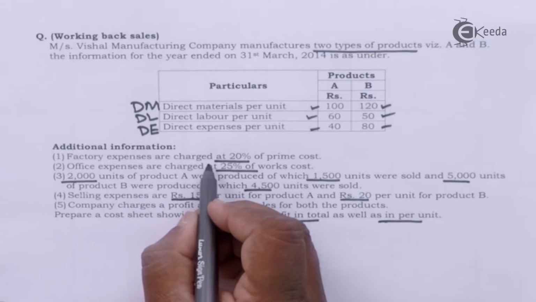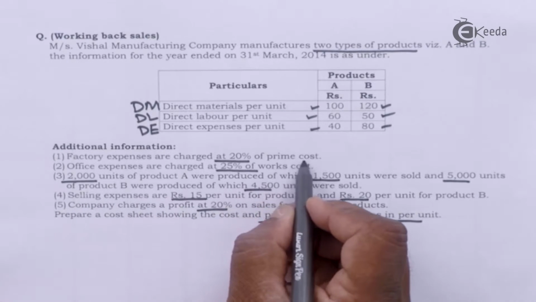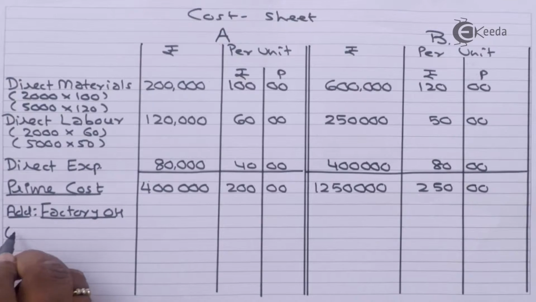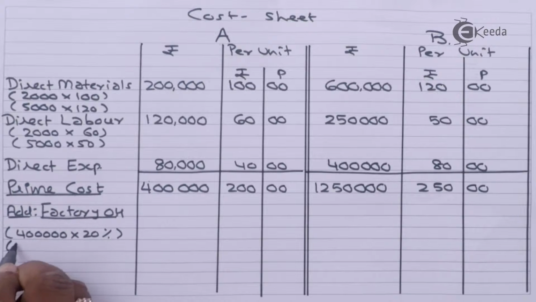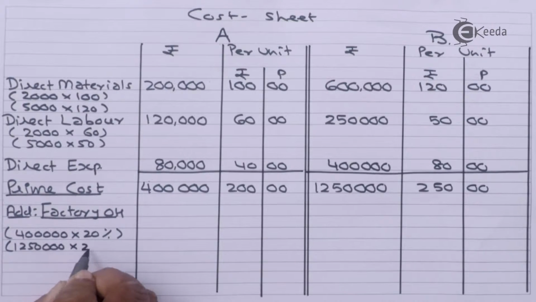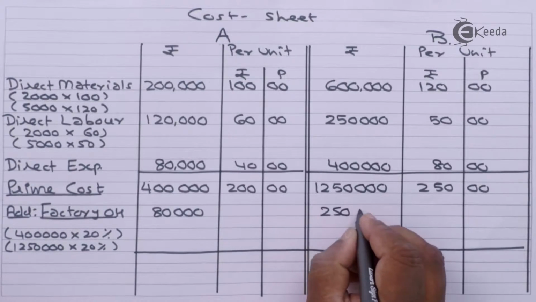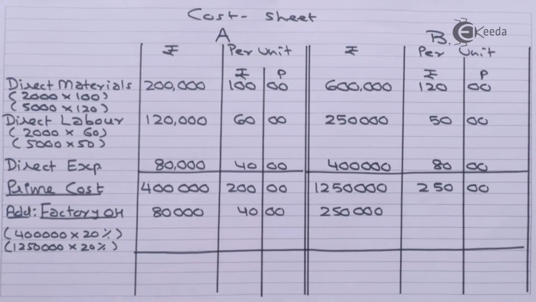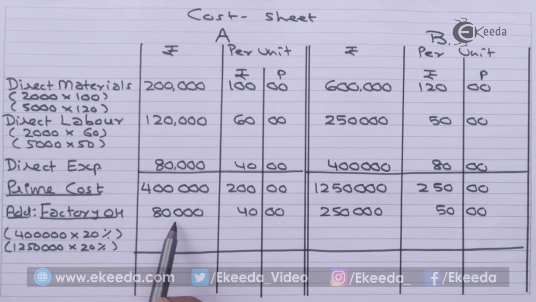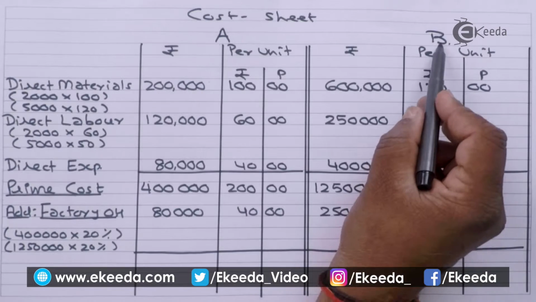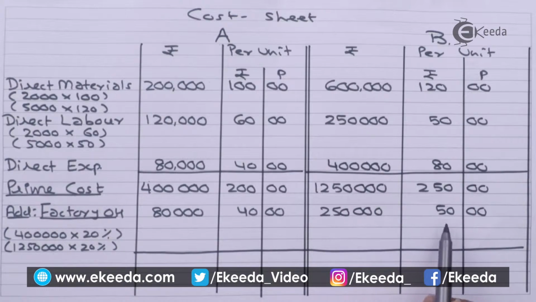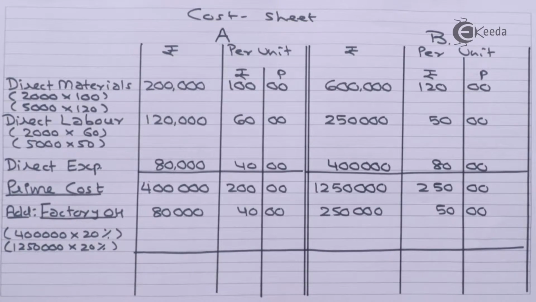Factory expenses are charged at 20% of prime cost. Factory overheads, 20% of prime cost. In case of product A, it will be 80,000, per unit 40 rupees. In case of product B, it will be 2,50,000, per unit 50 rupees.